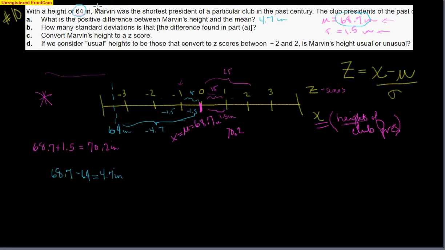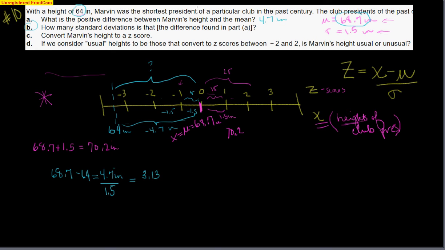So how many standard deviations is this for part B? We know this is 4.7 inches here. So the question is, how many standard deviations are we below the mean? When we know 4.7 inches and we know each standard deviation is 1.5 inches, if we just divide that out, 4.7 divided by 1.5 is going to equal 3.13.